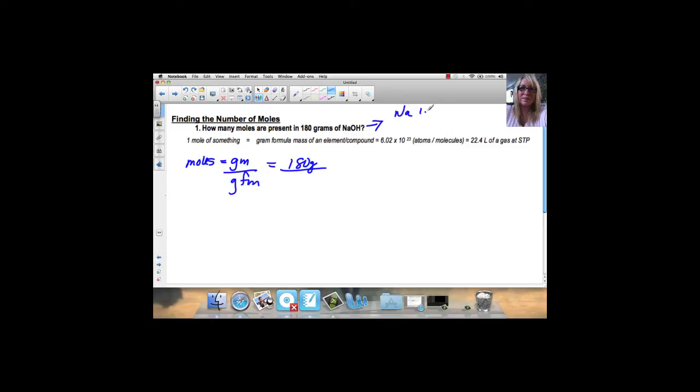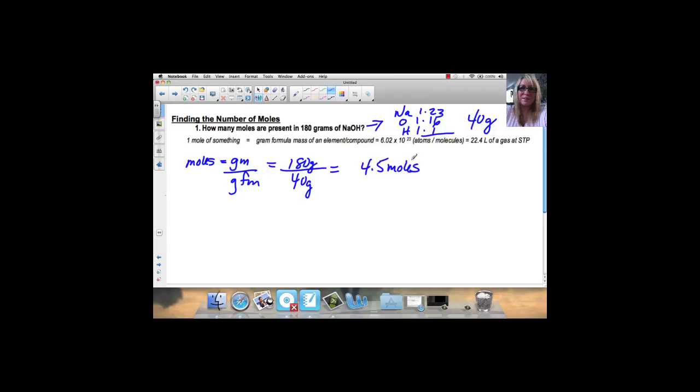Na is 1 times 23, O is 1 times 16, and H is simply 1 times 1. So this comes out to be 40. So my GFM of NaOH is 40 grams. 180 divided by 40 is 4.5 moles.